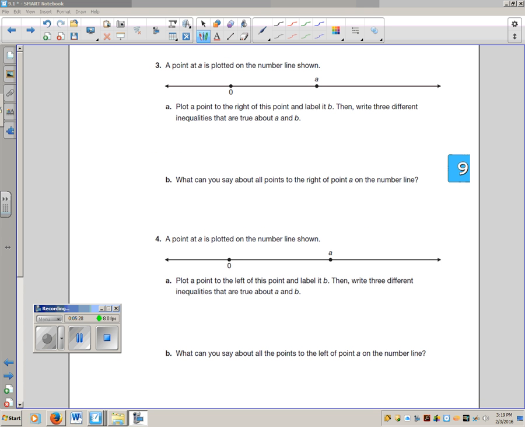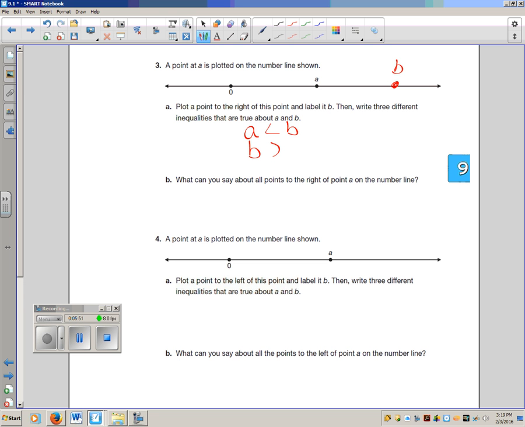Number 3, a point at A is plotted at the number line shown. Plot a point to the right of this point and label it B. We're going to write 3 different inequalities that are true about A and B. A is less than B, because it's left.